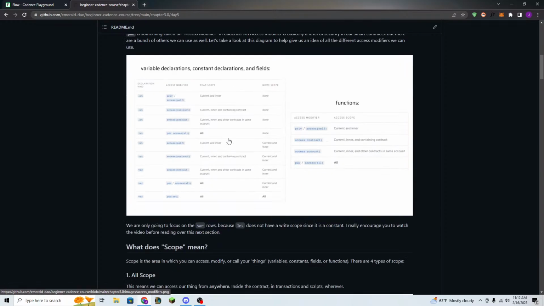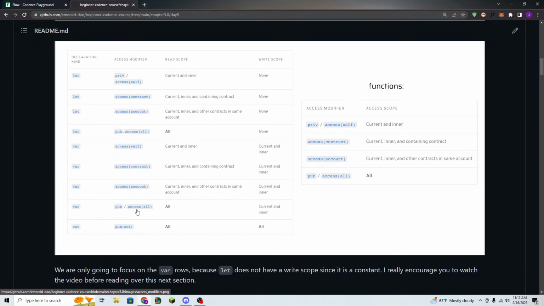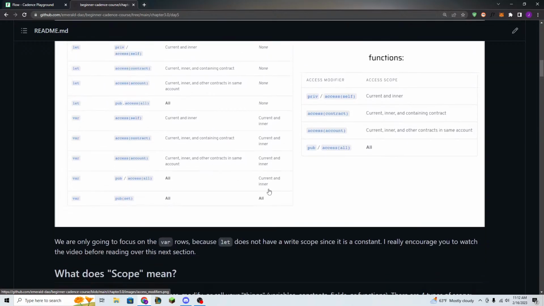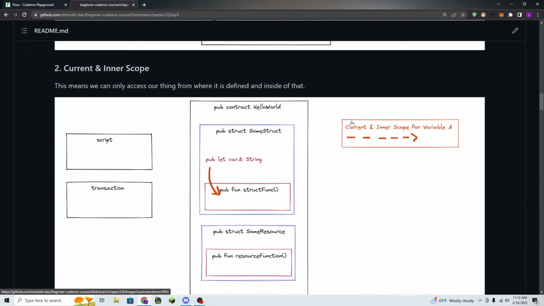So if we take a look at this diagram again, that is the read scope for pub and access all. However, it has a write scope of current and inner. That's very different. If we scroll down here, this is what current and inner scope means.